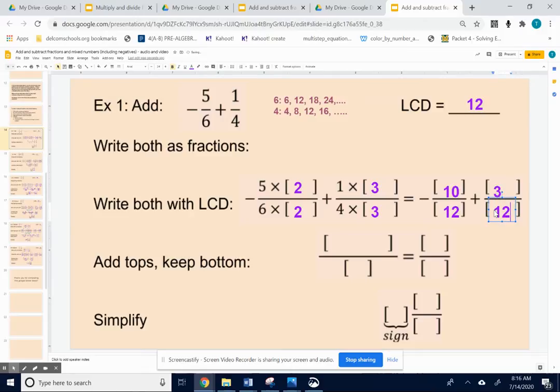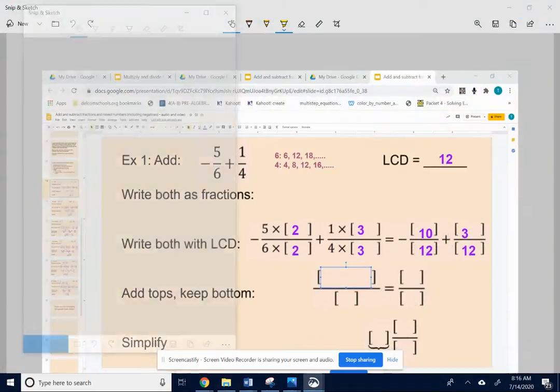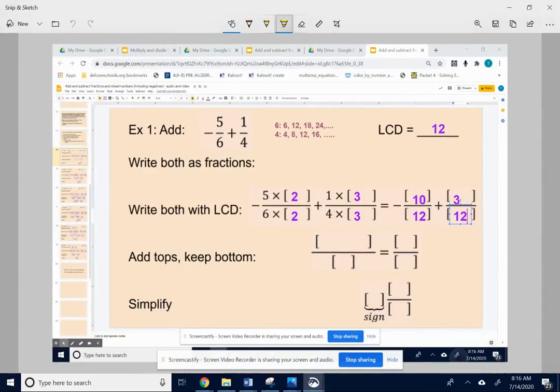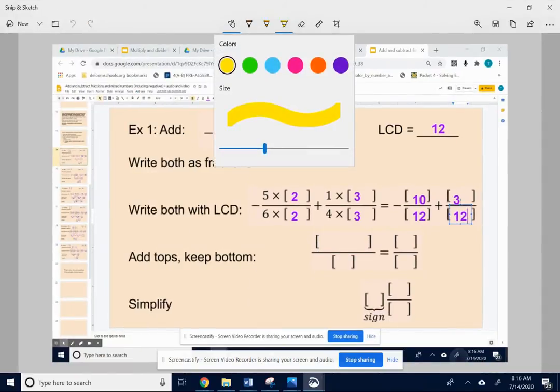So second step, we wrote both fractions with the least common denominator. Now we want to add the tops, keep the bottom. I want to show you something. When you add the tops, what I like to do is completely ignore the denominators right now.